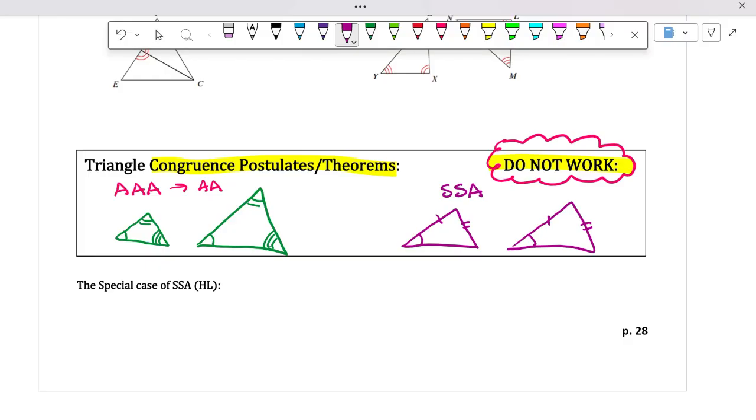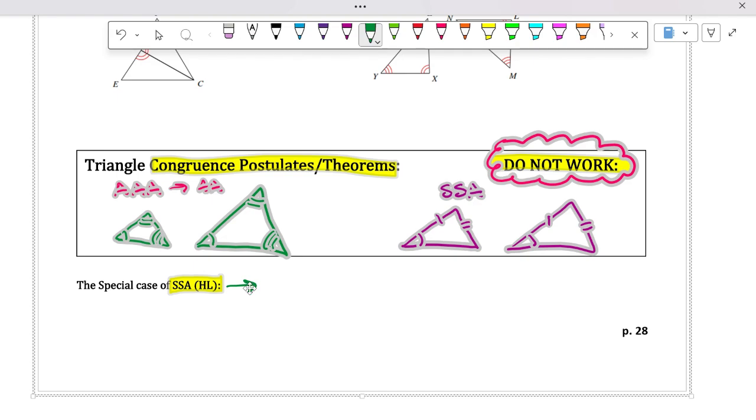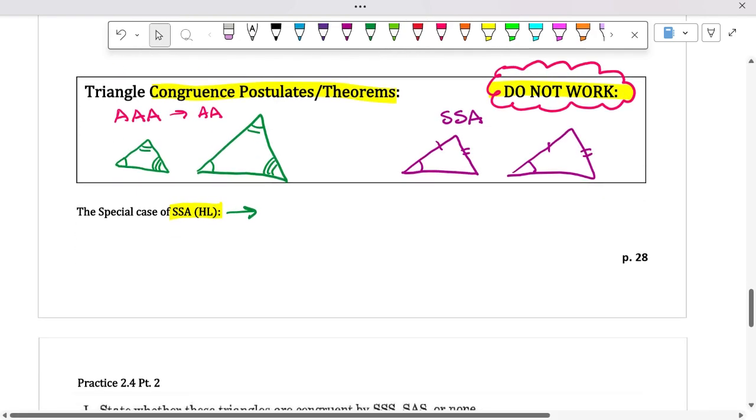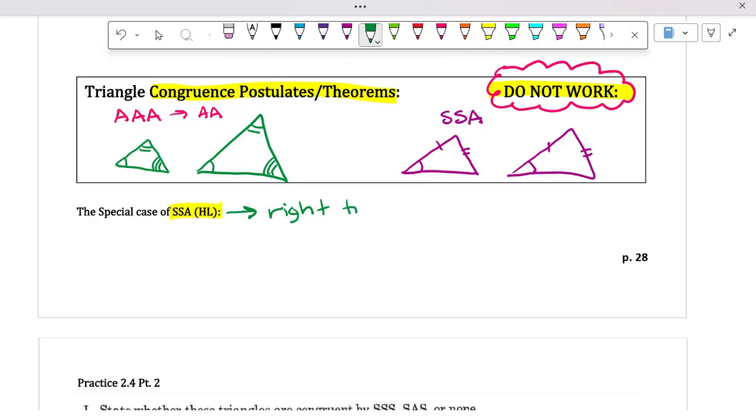Now, there is a special case of SSA that does work, which is HL. So the only case that SSA works is HL. So the only way SSA works is in right triangles.